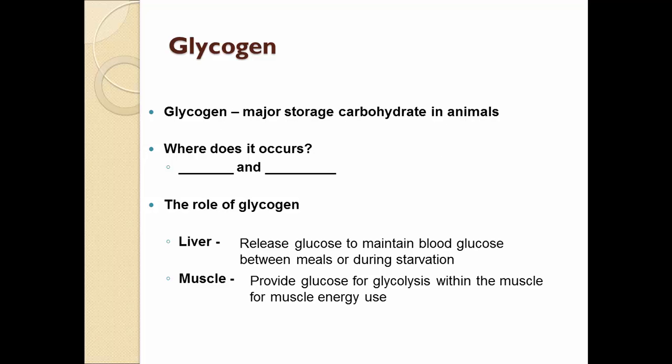So glycogen is a major storage carbohydrate, right, in animals, which usually occurs in two important tissues, right? You all know, I guess, liver and muscle, right?